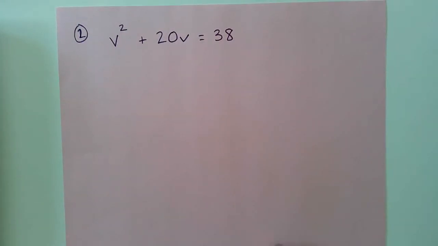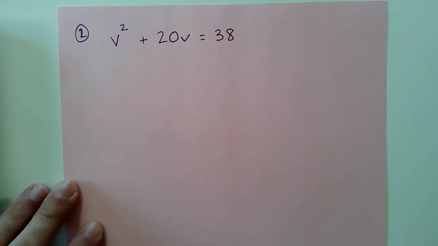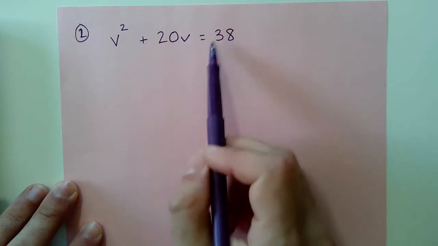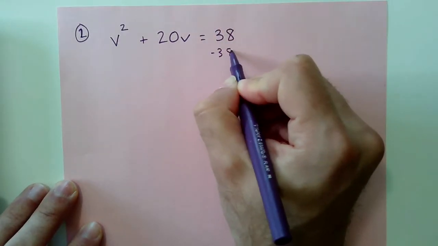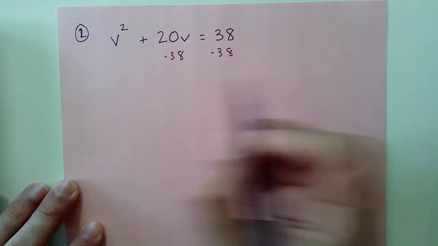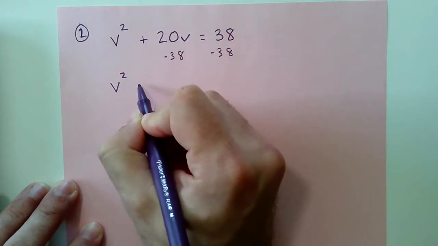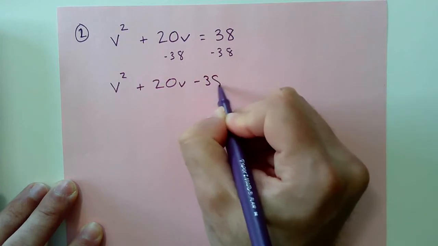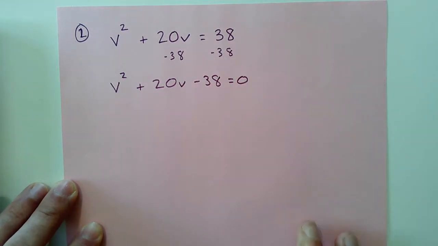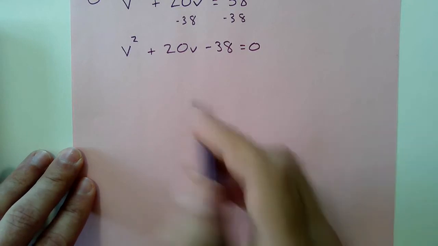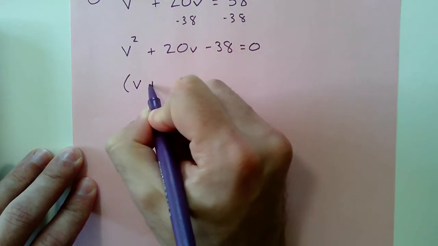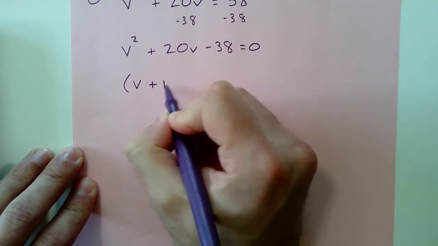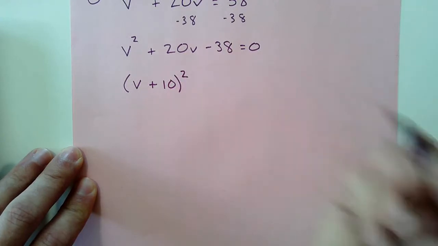V squared plus 20v equals 38. Same idea. I need to make this equal 0. So we'll subtract 38. V squared plus 20v minus 38 equals 0. I'm going to go ahead and complete my square. So v plus half of 20, just 10.